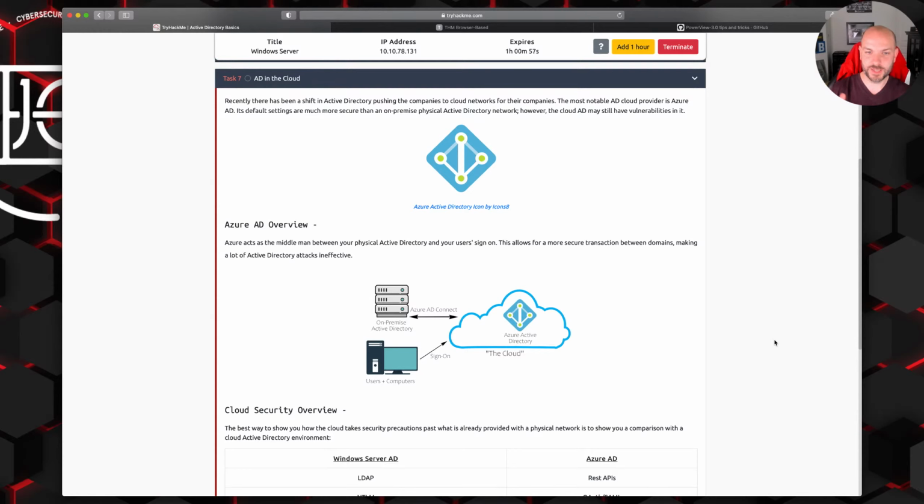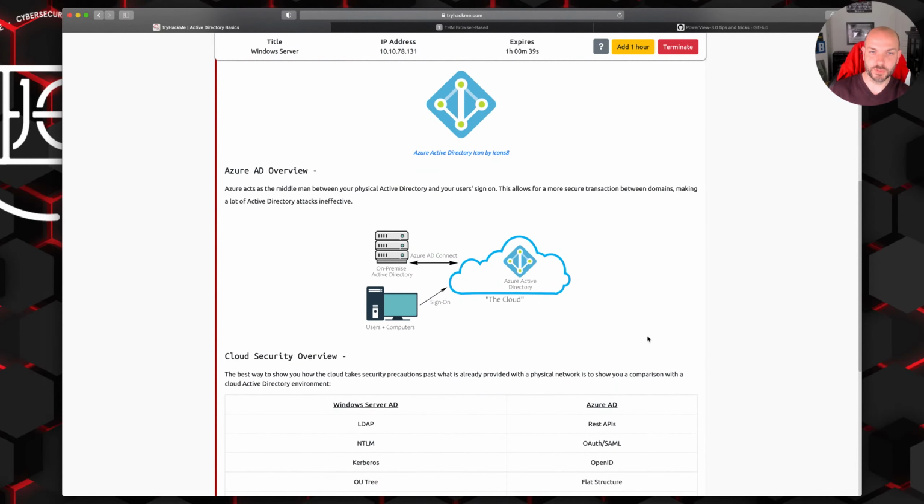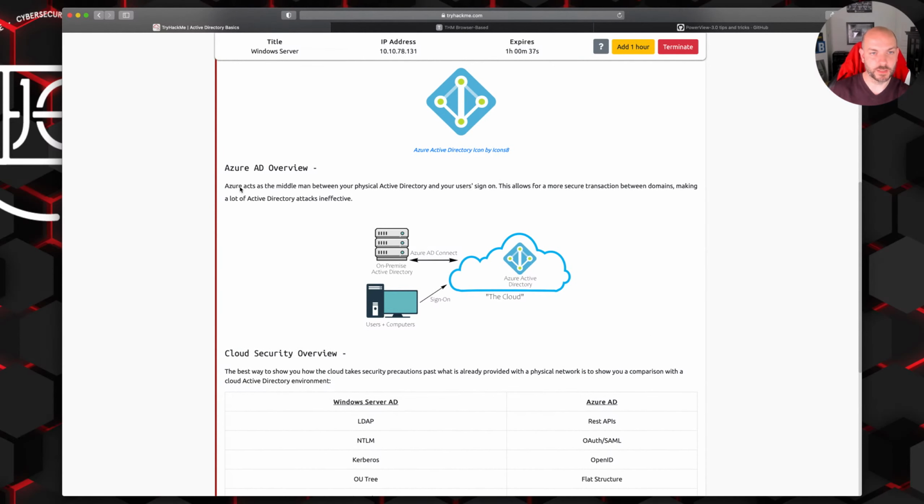They're saying that Azure Active Directory, which is totally different than your regular Microsoft on-prem Active Directory, with a lot of differences, is a bit more secure. Protect your APIs, by the way. Let's see what they have to say.